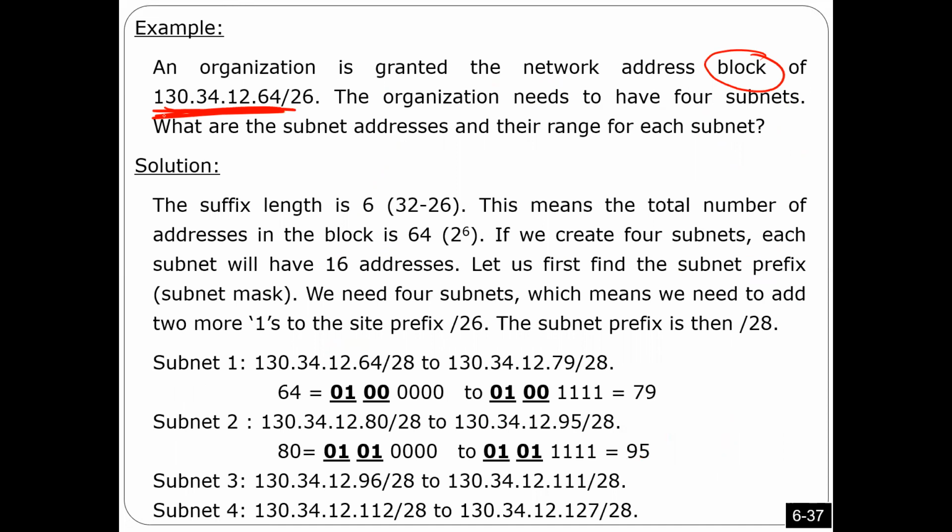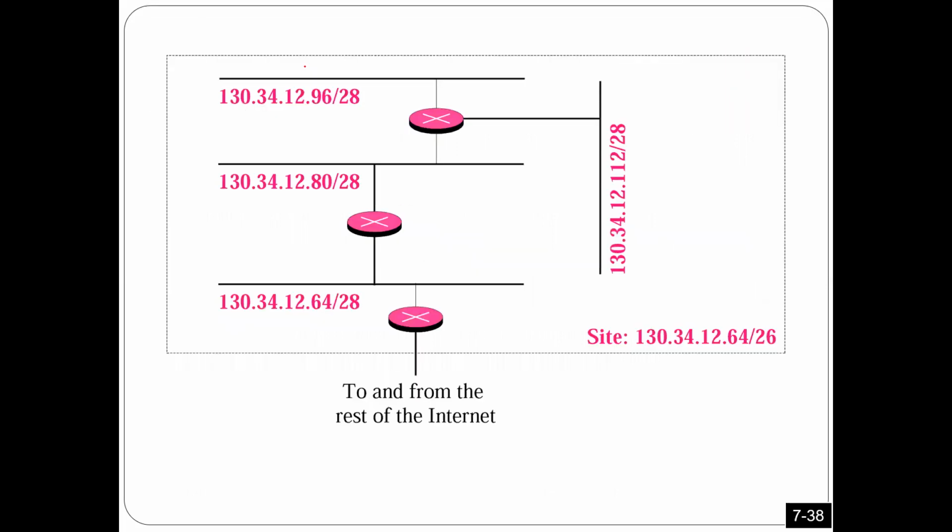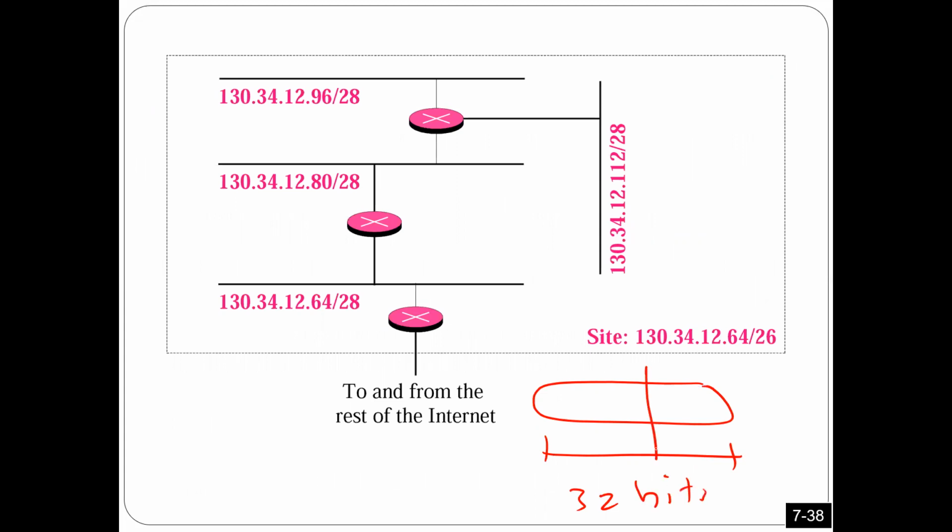If I give you something like that, you can see you have 26 bits in common. Out of the 32 bits, we have 26 in common. So what is the remaining? We have 6 remaining bits.